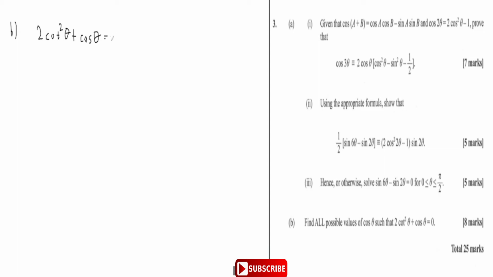If 2 cot squared theta plus cos theta is equal to 0, then what do we need to do? What we need to do is rewrite cot squared as cos over sine. So we can rewrite this as 2 cot squared theta. Cot squared is cos over sine, sorry.